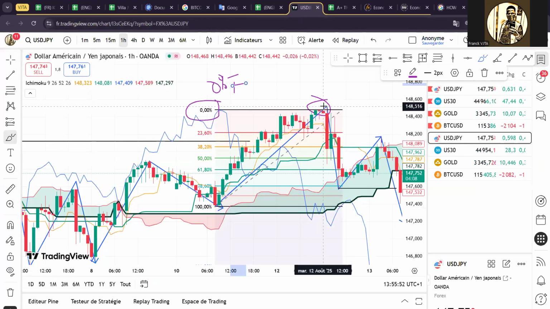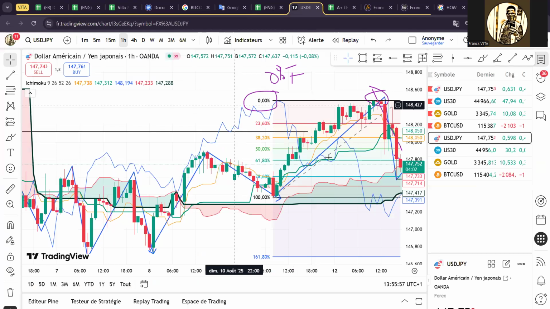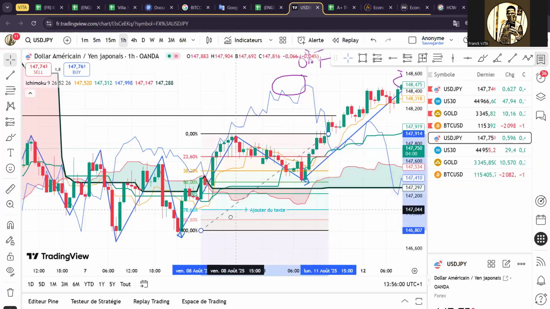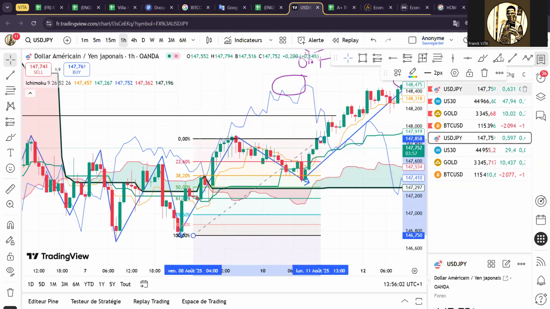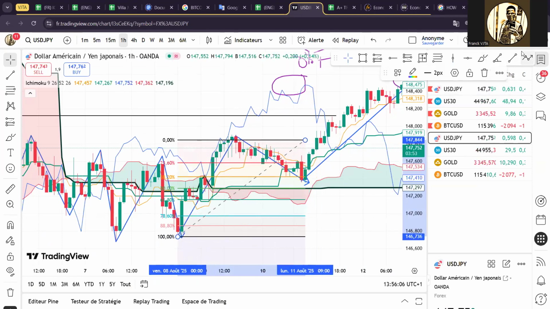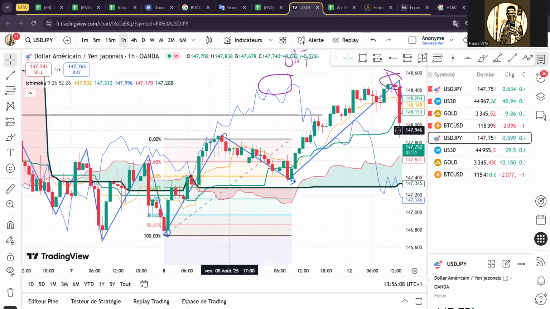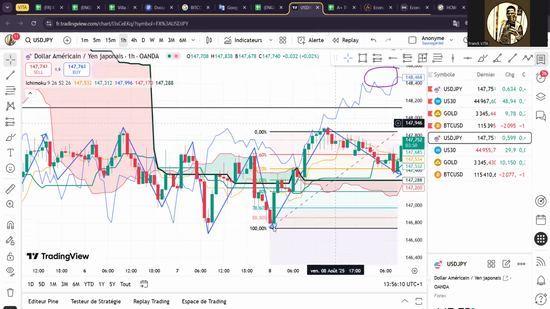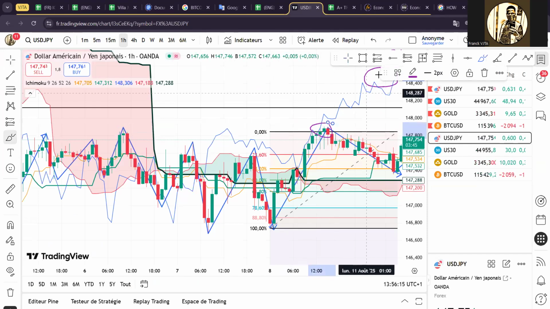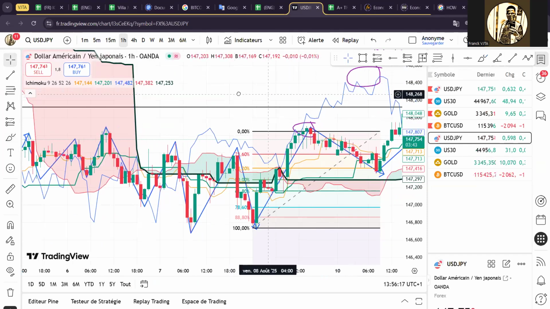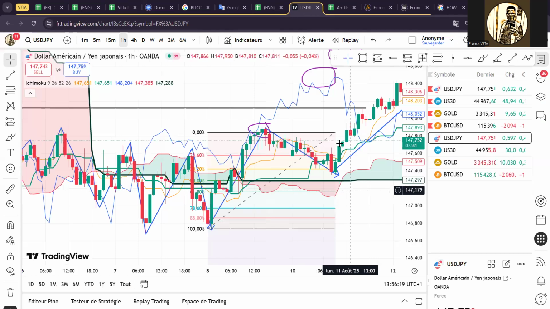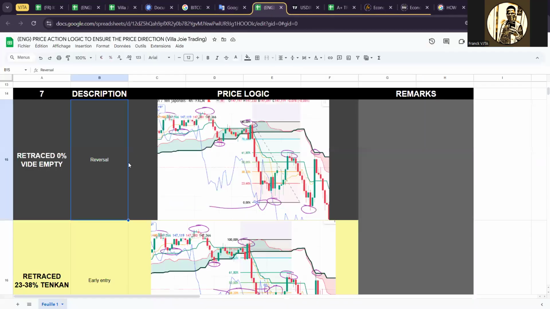And each time it is at that 0%, it is a reversal. Even here, even back then at this level, even back here, the candle here was at 0%. The candle from this bottom to this high, 0%, right? So what happened to the price? A reversal. That's what I'm trying to show you.